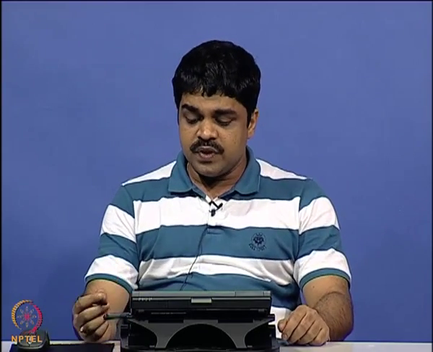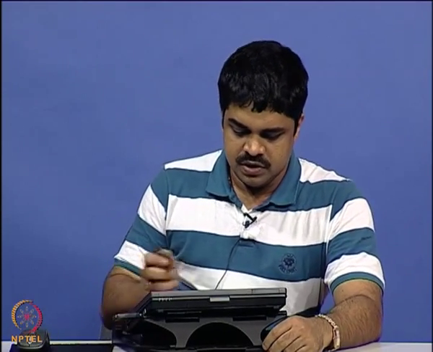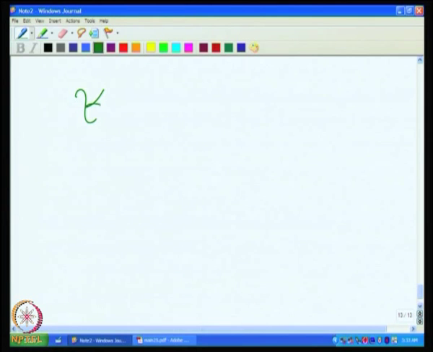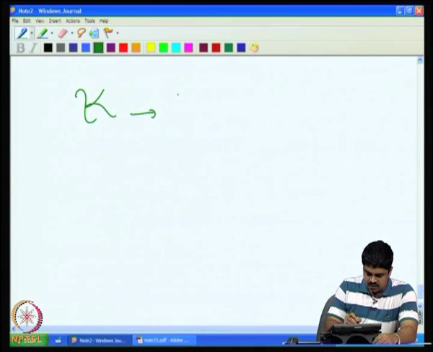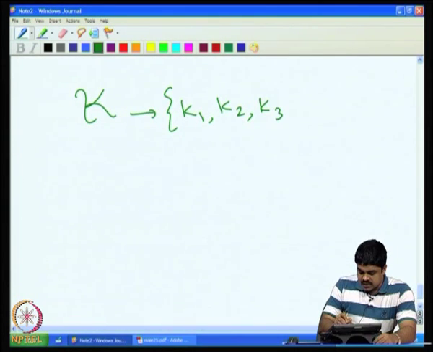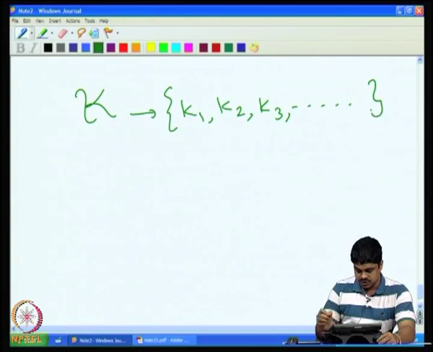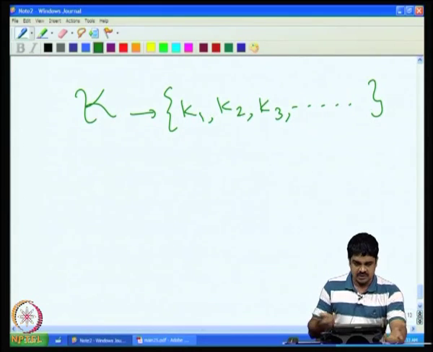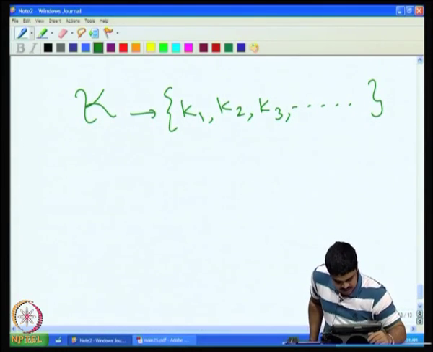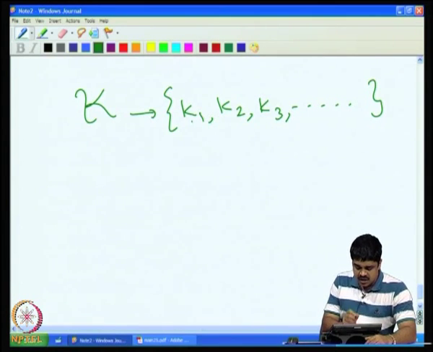Now, to prove that such a clique exists in G, we assume, suppose such a clique does not exist in G. So, we will collect all the cliques of G: K1, K2, K3, and so on, the set of all cliques of G. Now, take K1.